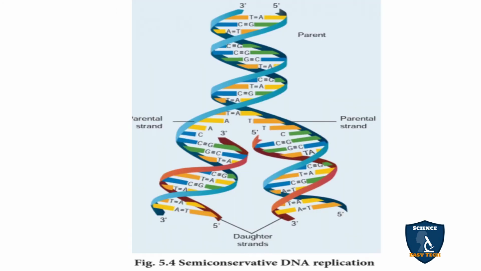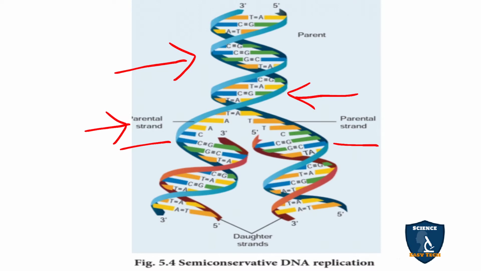Next, the semi-conservative method of DNA replication. You can see this is the original strand. Due to the helicase enzyme, the two parental strands get unwound, and each parental strand acts as a template and forms the complementary strand with the help of RNA.